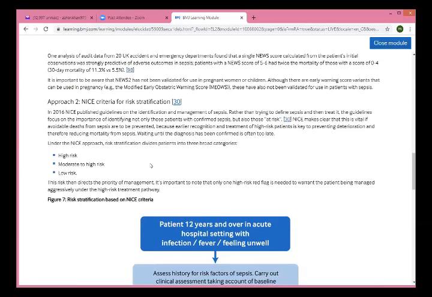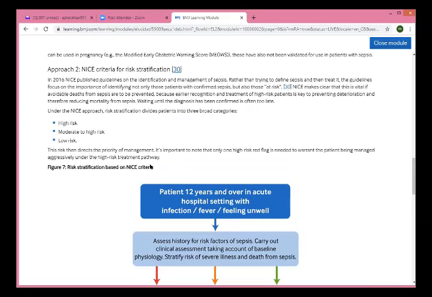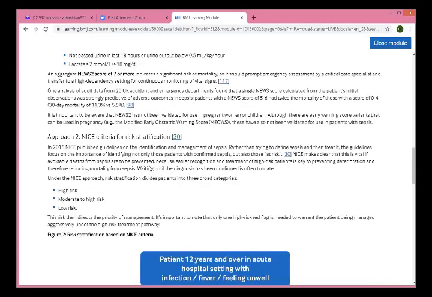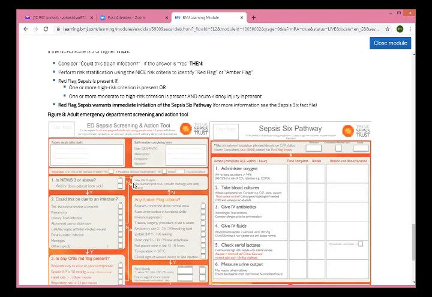NICE criteria for patients: high risk, moderate risk, and low risk. So these are the risk stratifications.